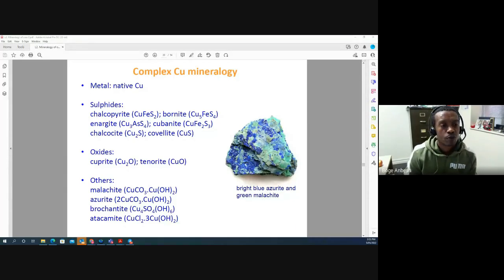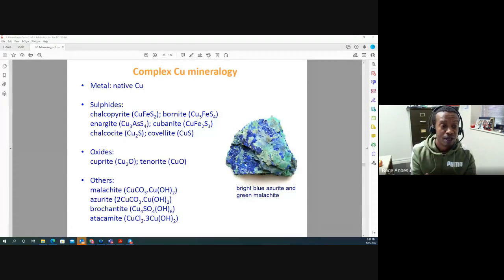So if you missed what I was saying, especially for copper minerals, it's possible to find a lot of different types of minerals in the deposit. In this case, native copper, sulfide copper, oxide copper, carbonate copper, all in the same deposit.